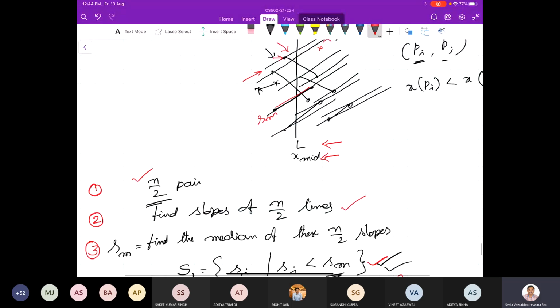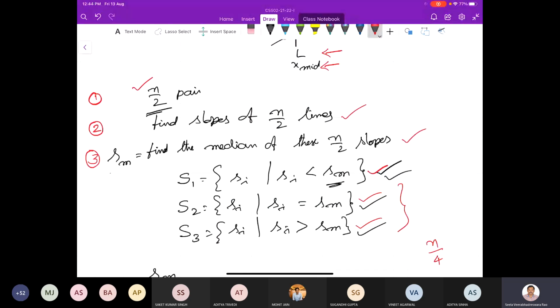Find the median of these n by 2 slopes. And using this median slope, you divide these pairs into 3 groups: all the pairs whose slope is less than the median slope, all the pairs whose slope is equal to the median slope, and all the pairs whose slope is greater than the median slope.